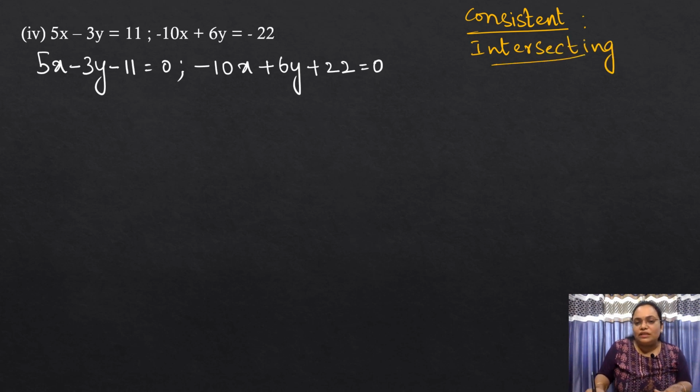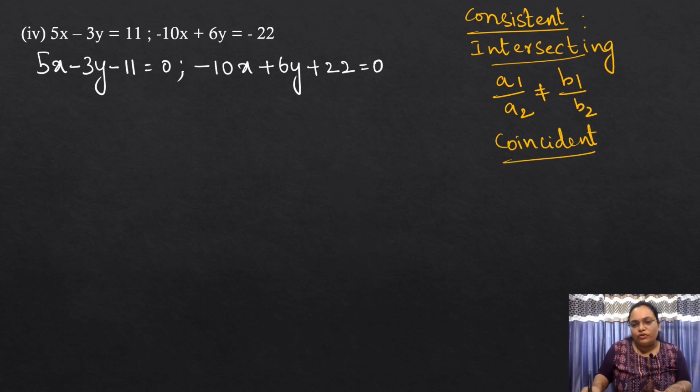The condition for the intersecting is a1 by a2 is not equals to b1 by b2. Or if it has to be coincident, the condition for coincident is a1 by a2 is equals to b1 by b2 is equals to c1 by c2.